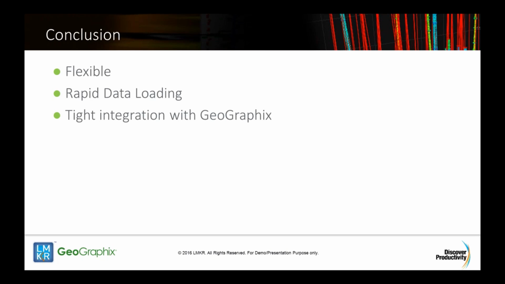Not only when you're on your network or VPN'd into your network, you can geosteer when you're off your network, and it works just fine. When you do get back on the network, however, the program will ask you whether or not you want to save your current survey or your current curve, your LAS file, LWD data, back to GeoGraphix. So it's pretty much smart enough to know that.